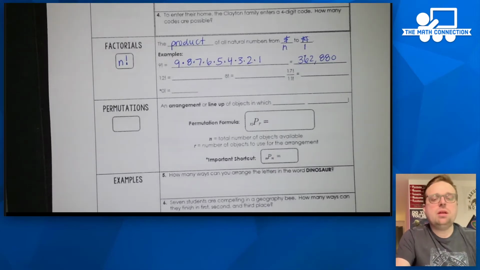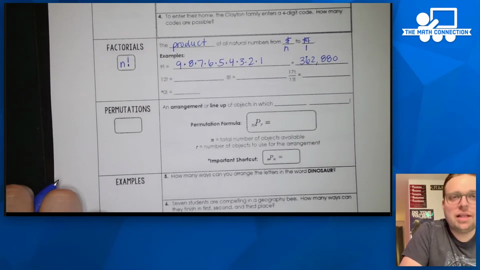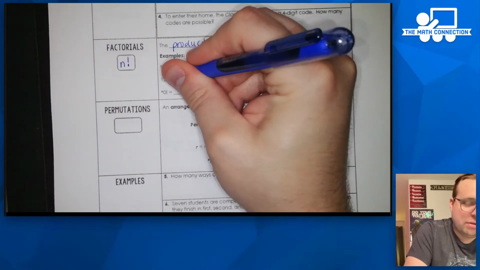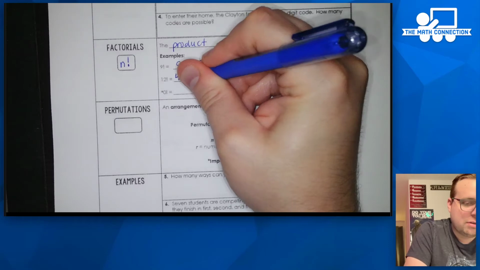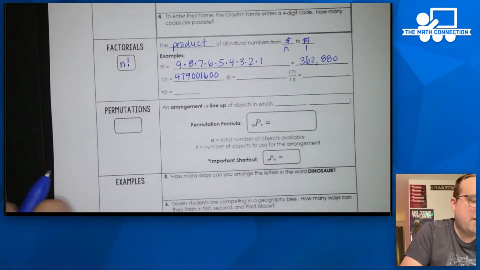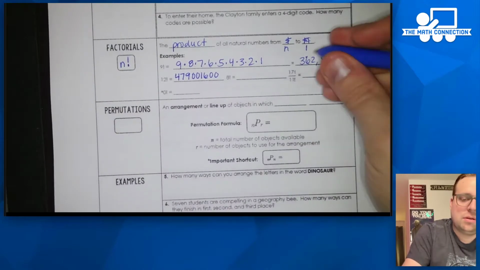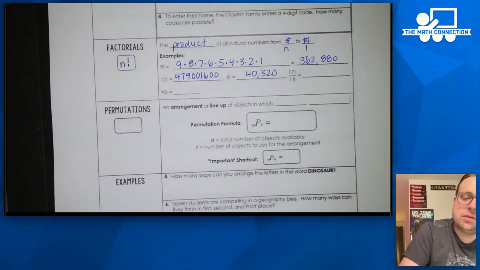And then if we do 12 factorial, it's 12 times 11 times 10 times 9 times 8, etc. And that's a huge number. It looks like 4 million something. We can do 8 factorial. We get 40,320.